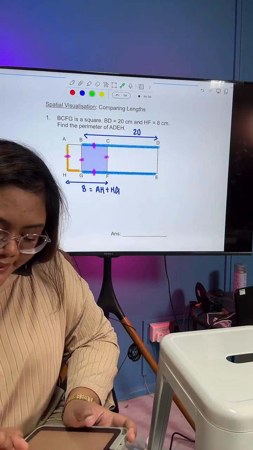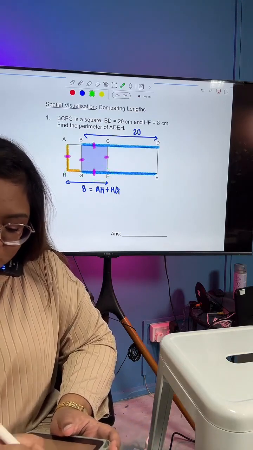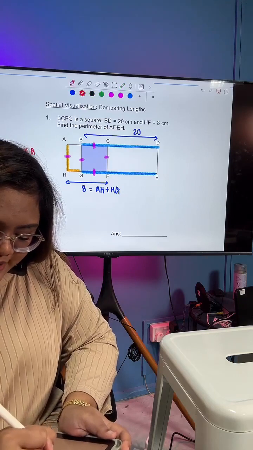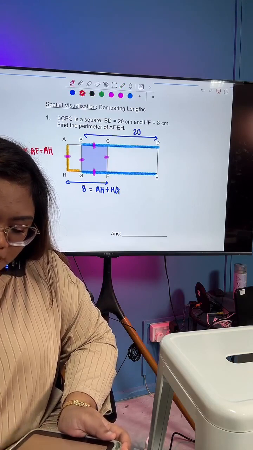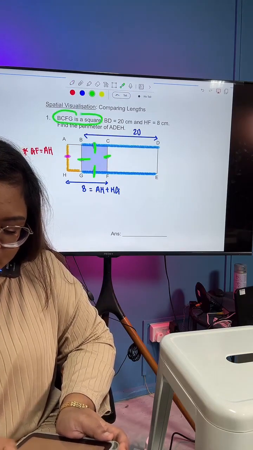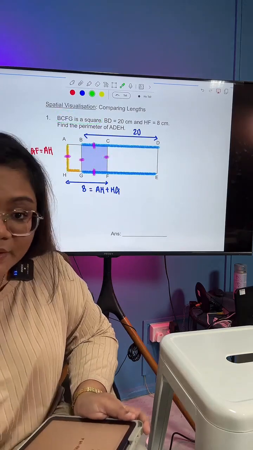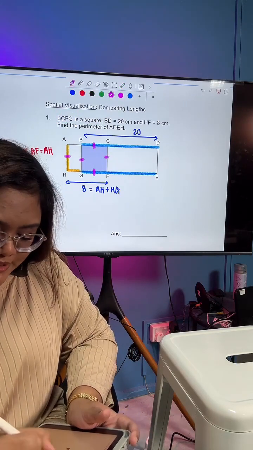One more time. 8 is this portion, GF and HG. So what we need to remember is that GF is equal to AH because it is a square. Because we are told that BCFG is a square. So this portion is also the length of the square, hence that will be 8 as well.